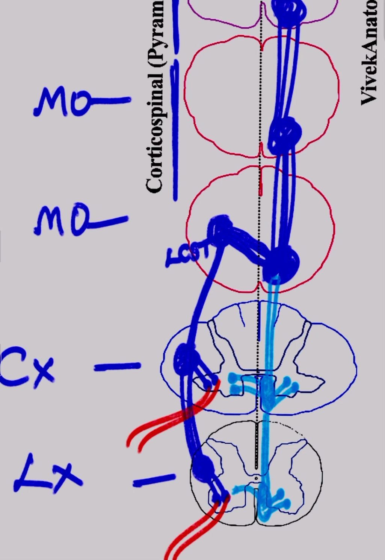But interestingly, when they terminate on both sides, like this, they will also give rise to specific neurons, the lower motor ones, which will go and innervate the trunk muscles.